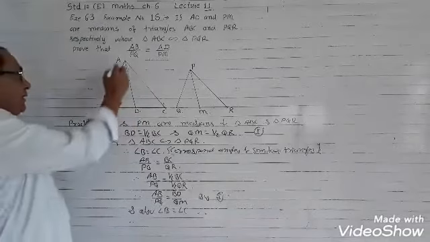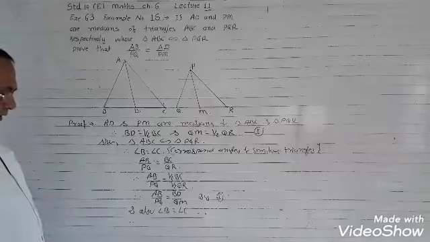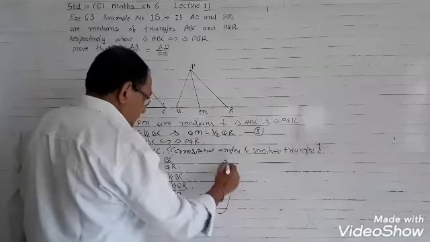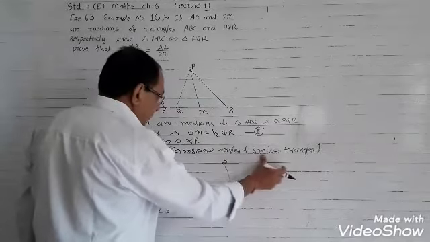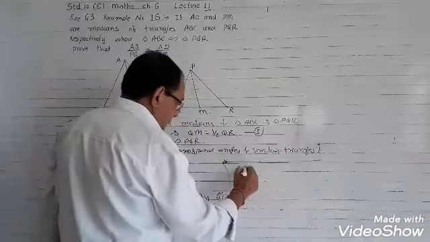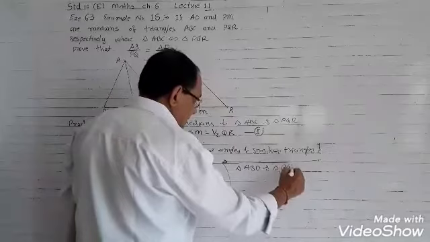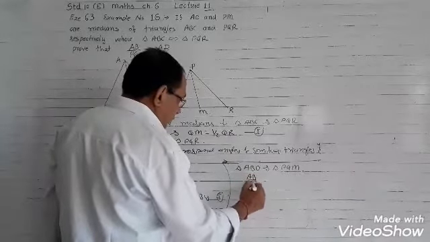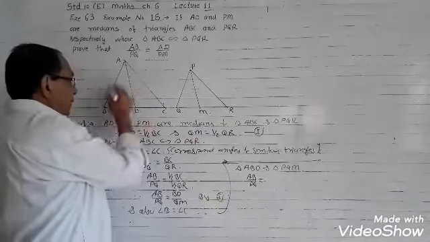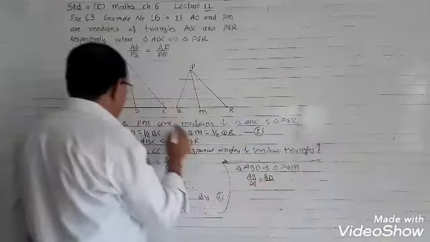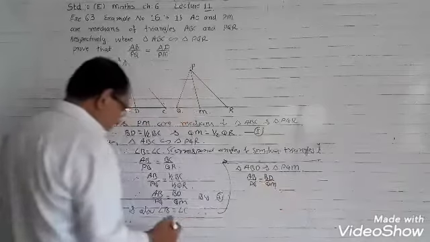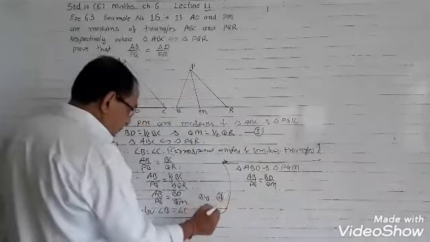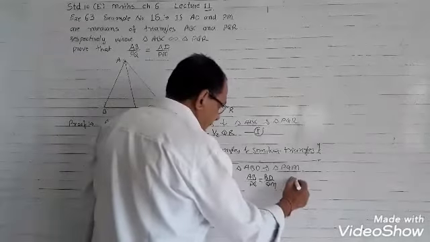Therefore, in triangles ABD and PQM, AB upon PQ is equal to BD upon QM, that is result number 1, and that is result number 2.